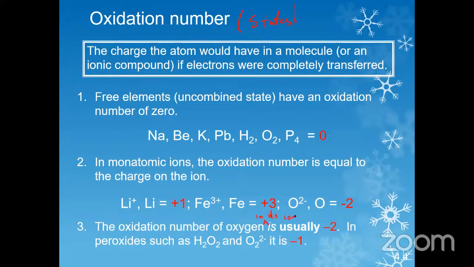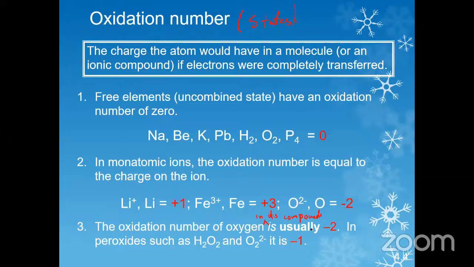In other words, if the oxygen is combined with other elements, its oxidation number is usually -2. But there's an exception: if you have oxygen in hydrogen peroxide or peroxide ions, the oxidation number of oxygen is -1.